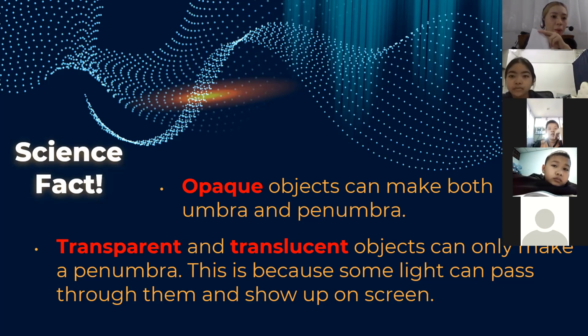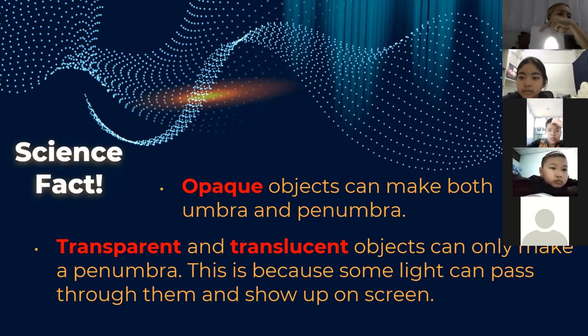When we say some, not all, not totally, but partially. If I put the light behind the tissue, can you see the light? Yes, you can still see the light, but not totally. Only some of the light can pass through. That is the difference between transparent and translucent.